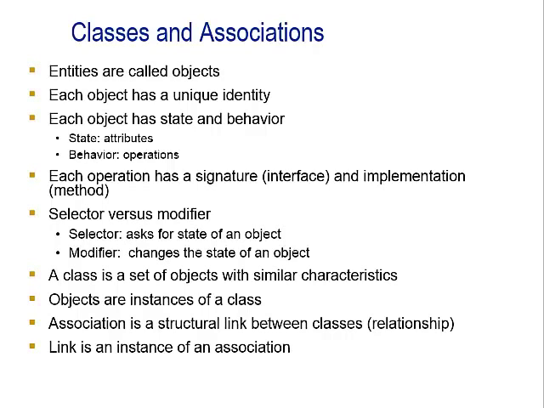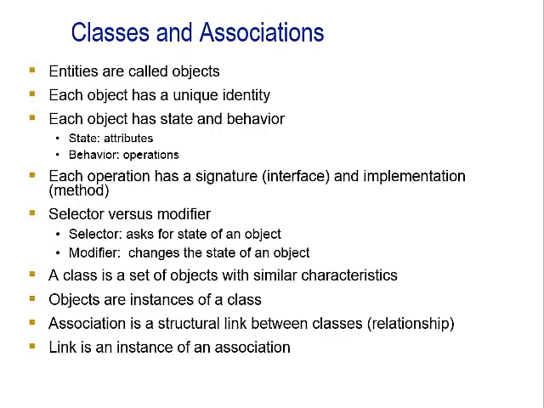An object has both state and behavior. We already mentioned that. The state are the attributes. That means an object's name, for example, or a student's name, a student's gender, a student's email address, etc. The behavior are then the operations that can be invoked on the object. For example, student is passed and student registered for course.